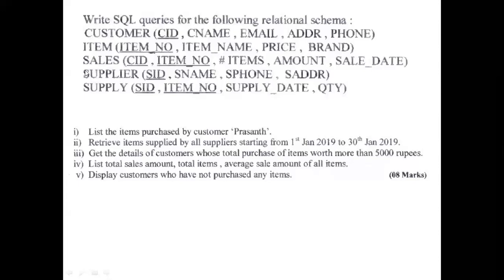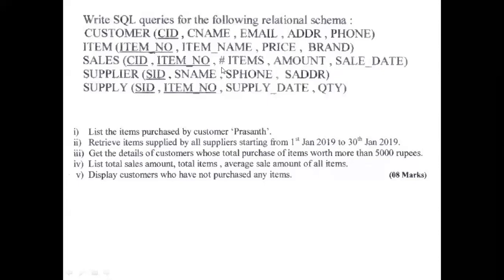And the sales table includes the details of the products purchased by a particular customer. It has the CID, which is used to identify the customer, and the item number that is used to identify the product or item purchased by the customer. Then the quantity of that item, that is hash items, amount, sale dates.